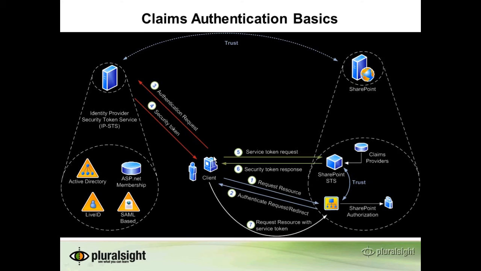So you as the client say, okie dokie, and you go over to the IP-STS. By default, let's say this is your Kerberos AD identity, and you provide some sort of identification to the external entity. Here you would provide a username, password, or certificate, or anything.